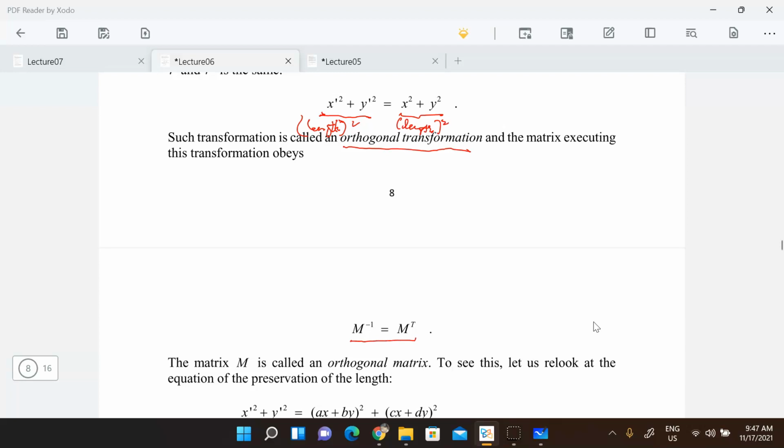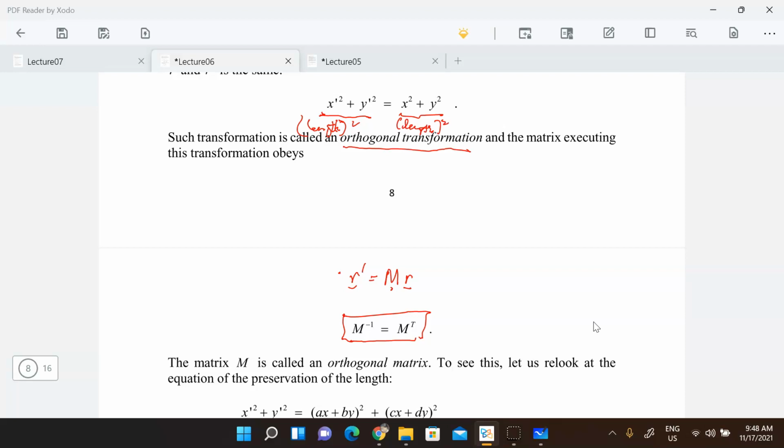If we take the matrix M that turns your R into R dash, we're going to call it a rotational matrix. One of the properties it has is that its transpose is just equal to M inverse.